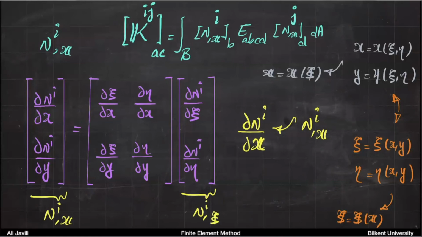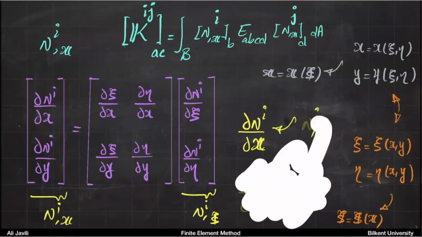This is the derivative of shape functions with respect to ξ coordinates. Okay, so you have this thing. And clearly between the two, there is that nice relation.